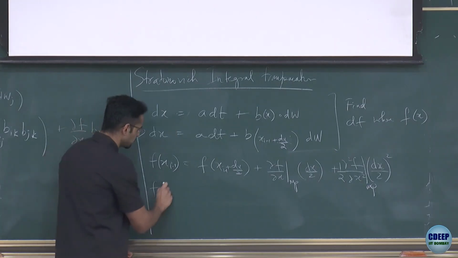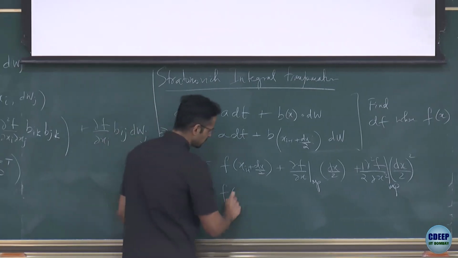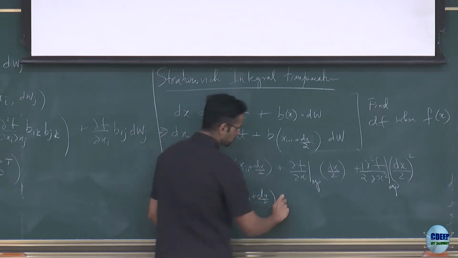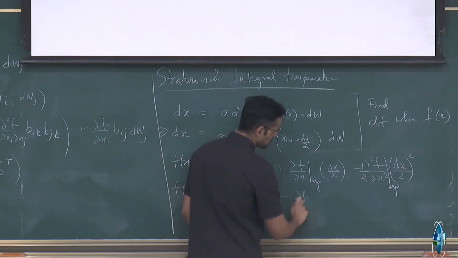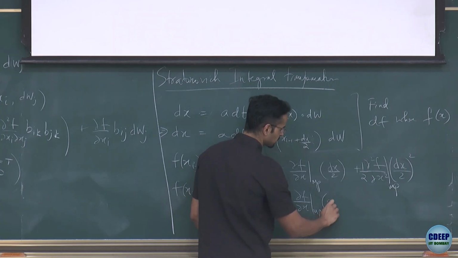And similarly, I can expand it at i, which is forward, right, which is again MP, the midpoint. That means I'm evaluating it at x_{i-1} plus dx by 2.